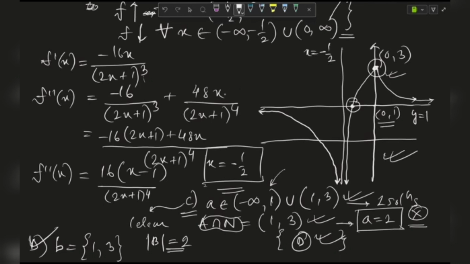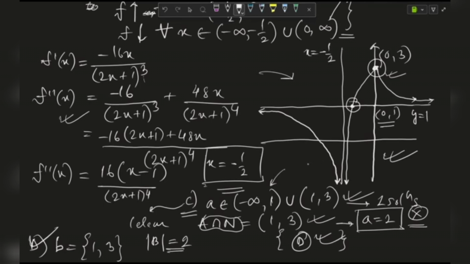It tests all your graph drawing abilities, how you know about the points, asymptotes, and everything. If you went to solving this by taking intervals and finding these, or by going till f double dash x, that was also fine. Basically, the graphical approach is the most fundamental form in which you can do this question.